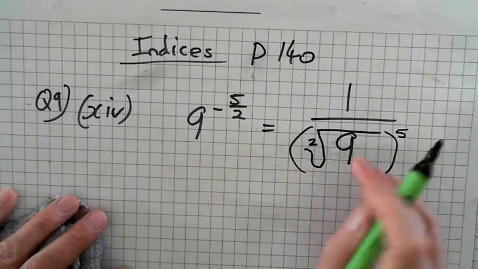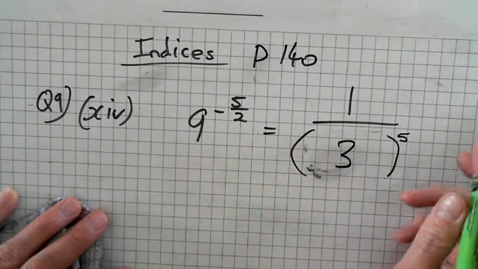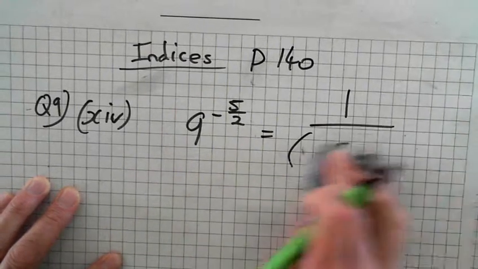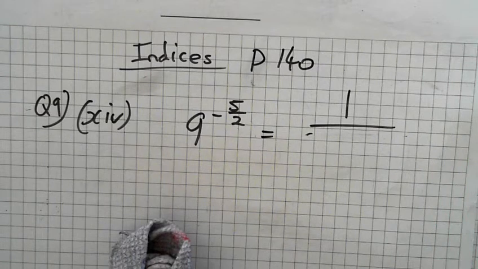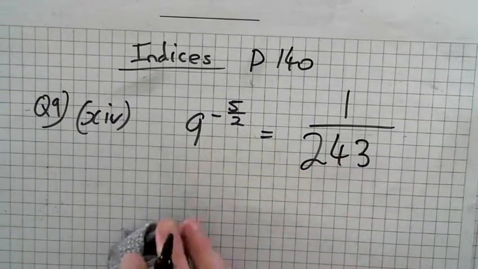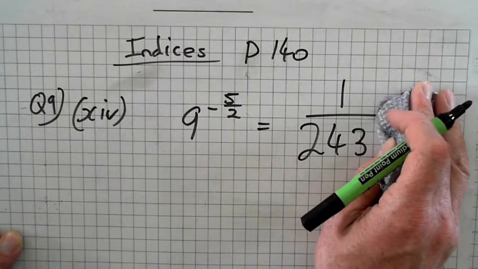All right, so now the square root of 9 is 3. 3 to the power of 5 in the calculator. That's 3 to the power of 5, 243. Nice. 243. Okay.